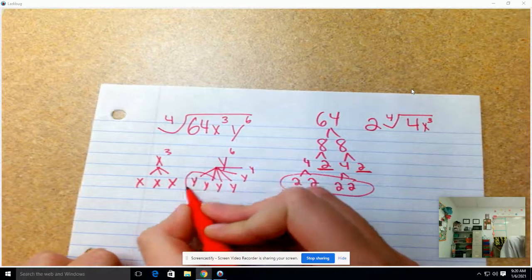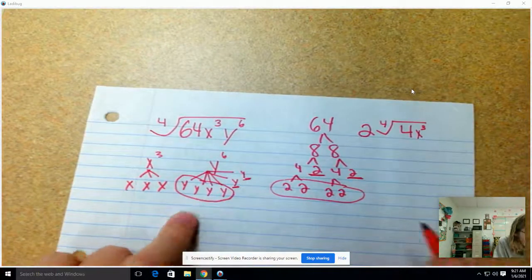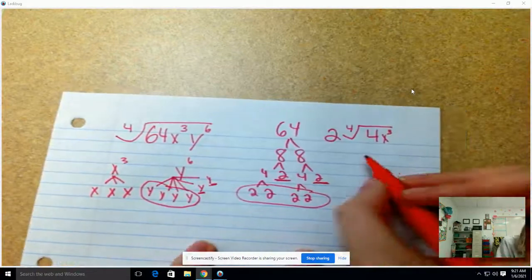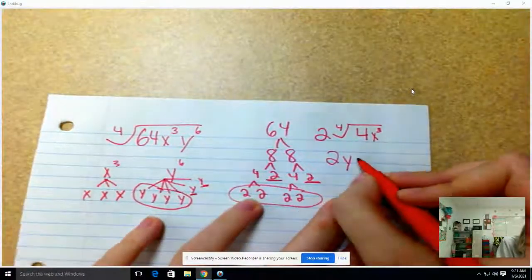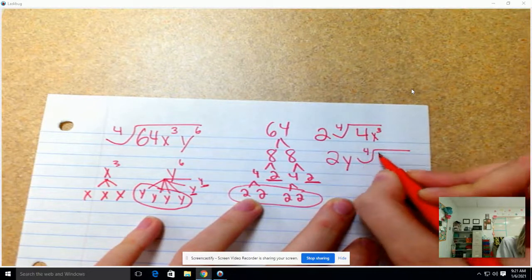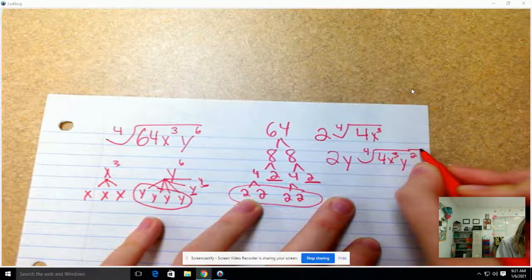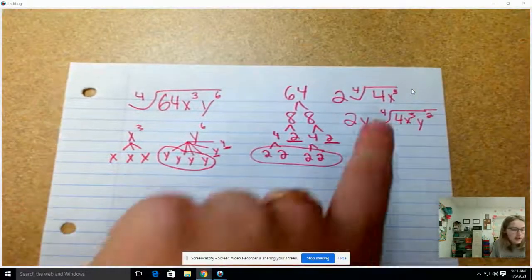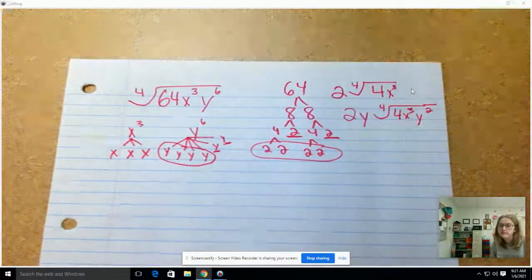Well, I have one group of 4 is essentially what I mean by that, and I'm left with 2 y's. So my one group of y comes out, and my other 2 y's stay in. So that's going to be y times y, which gives me y squared. So 2y times the 4th root of 4x to the 3rd y squared.